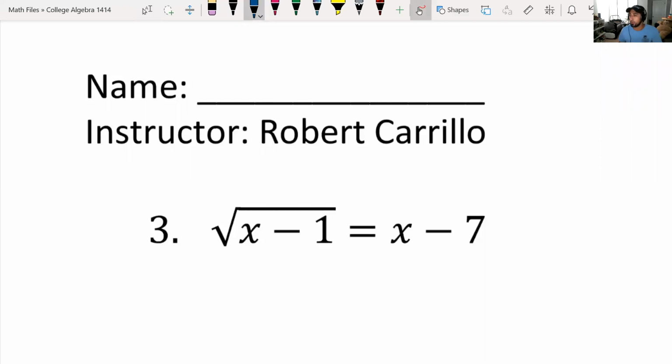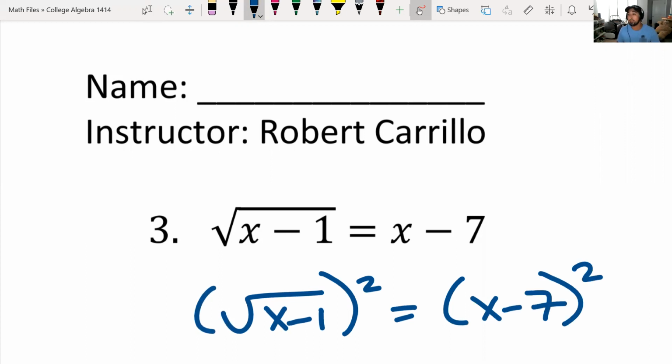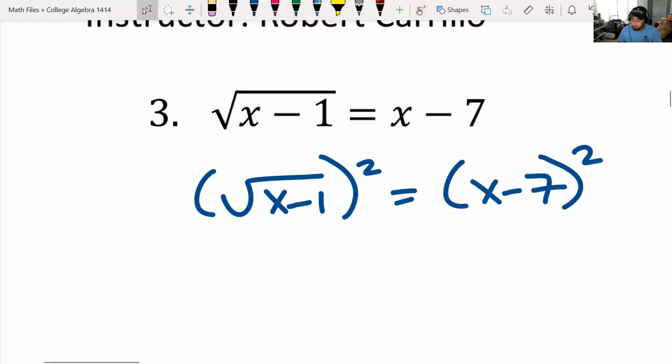So I won't color code it this time. You'll have parentheses, the square root of x minus 1, squared, equal to the square root of x minus 7, squared. Okay, so now we square both sides. We are allowed to do this because it's an equation, and now we simplify.